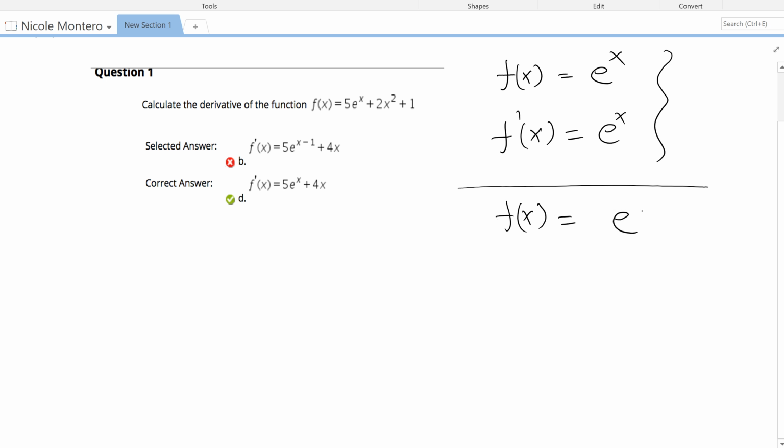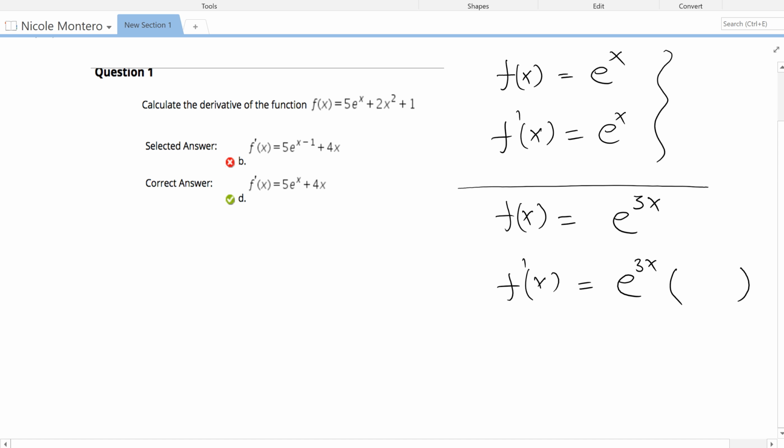function. If you have e^(3x), the derivative, as I told you, for exponential, first you just write it as it is. So you're going to copy this whole thing, and in the bracket you write the derivative of the power.